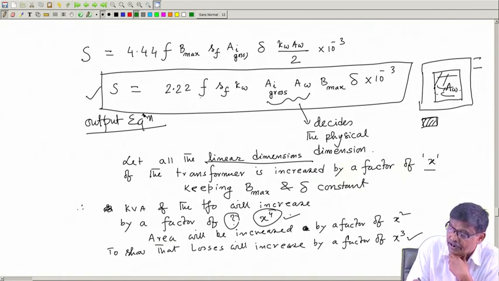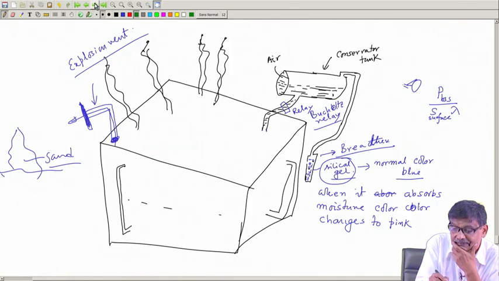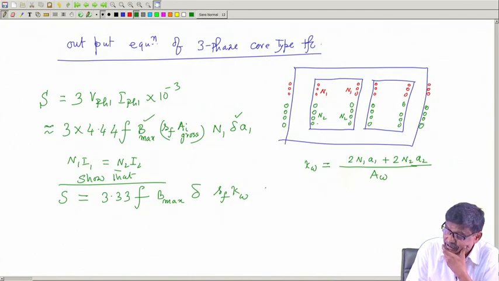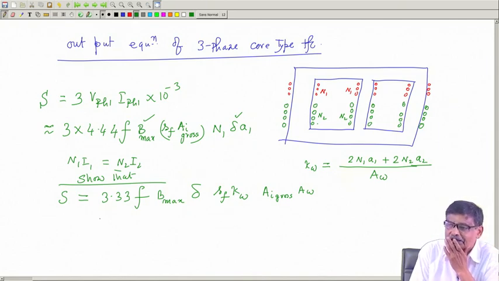S f K w F, then physical dimensions A I gross and A w, like that. Note that for a single phase transformer it came as 2.22, but in 3 phase it is 3.33 F phi max N 1.